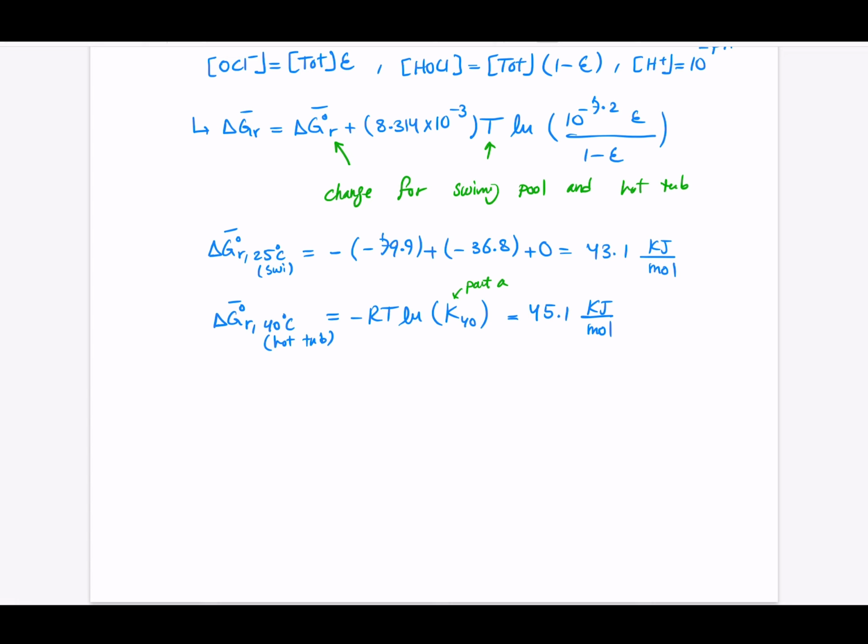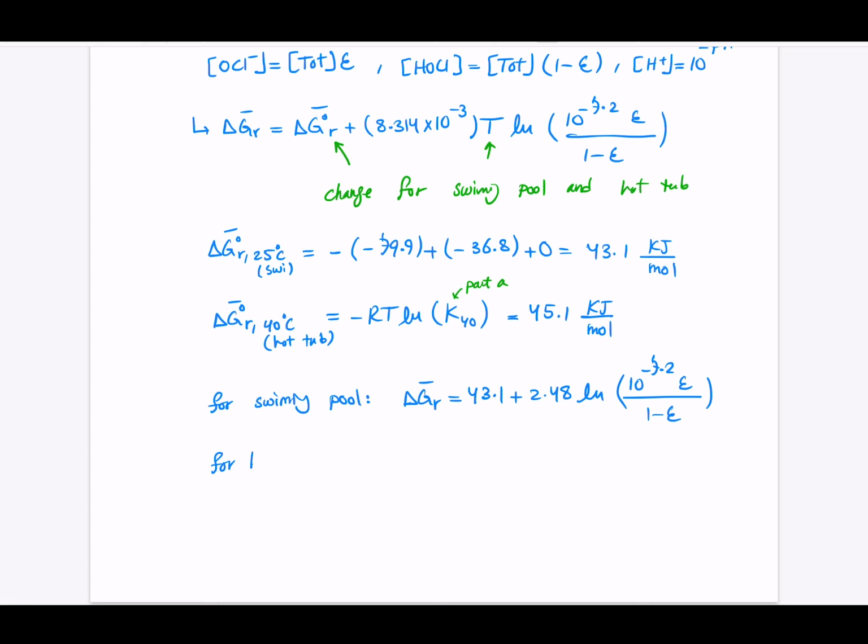So the next thing we need to do is insert this value into this equation and obviously the correction for T. If we do that, then for swimming pool, the equation would be delta G R, our y-axis, is equal to 43.1 plus 2.48 after I insert that T value and do all the calculation, ln of 10 to the minus 7.2 epsilon, our x-axis, over 1 minus epsilon.